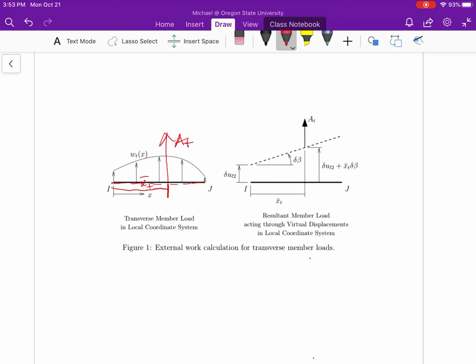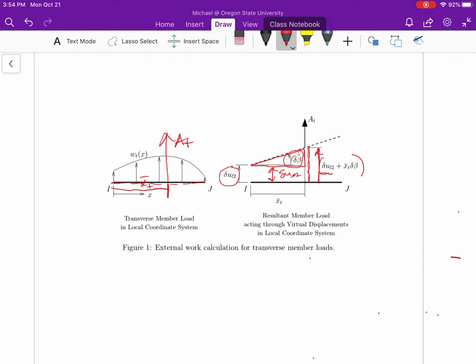When we apply virtual displacements, this is going to move up delta UL2. Delta beta is the rigid body rotation of the chord. And then this total distance right here, just from geometry, is delta UL2 plus this triangle. Delta UL2 is this part, the translation, and then the rotation is going to be the angle delta beta times the distance X bar T. So this total distance right here is given.